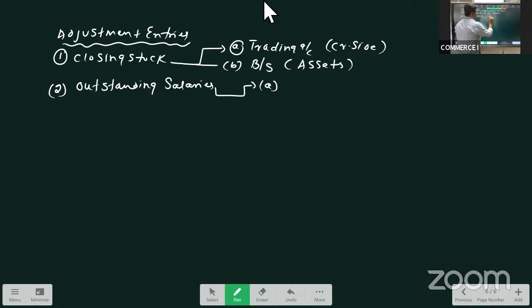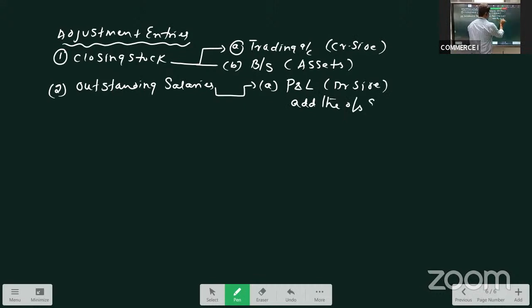First effect is, where do we show salaries? Salaries will show in P&L account, on the debit side. What do we do? We add the outstanding salaries to salaries paid.